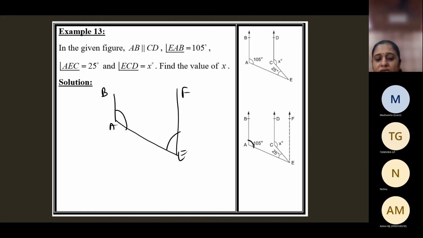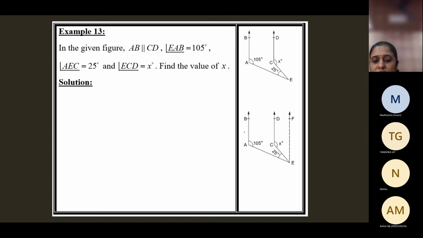That is 105 and this angle. Or here itself you can produce it. You can see this angle and this angle, the co-interior angles, are supplementary. So 25 plus A, I call this A, plus 105 is equal to 180. You can find the value of A.